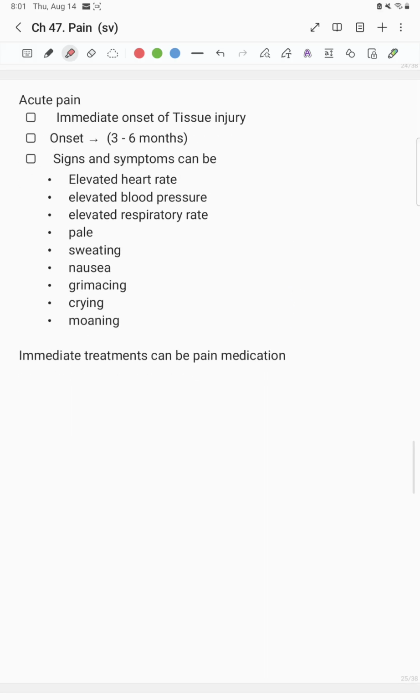Immediate treatments are typically pain medication, and then try to remove the provocative factor. So, for example, if it's a dislocated shoulder, then you would put the shoulder back into its socket, and then that alone will help reduce some of the pain, and then the appropriate treatments after that.